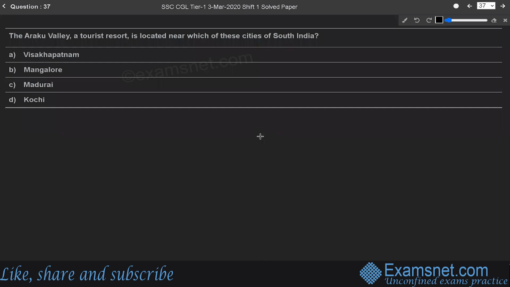Next question is, the Araku Valley, a tourist resort, is located near which of these cities of South India? The options are Vishakhapatnam, Mangalore, Madurai, or Kochi. See, all these questions are from the general knowledge part, which is GK. So here, the Araku Valley is a very well-known valley. It is a tourist resort and it is a hill station in Vishakhapatnam district in Andhra Pradesh.